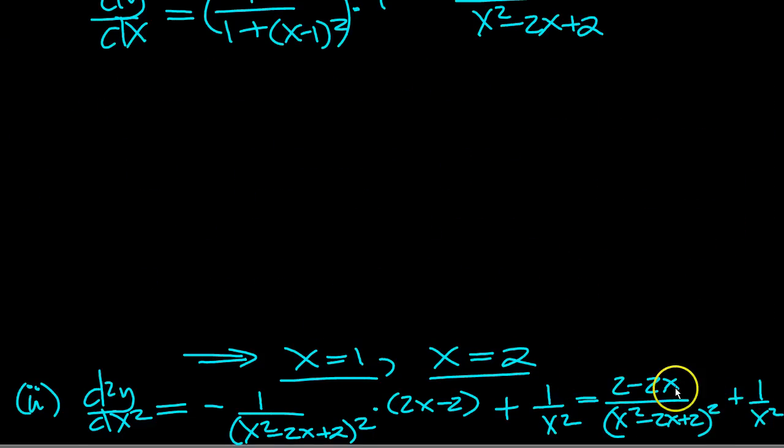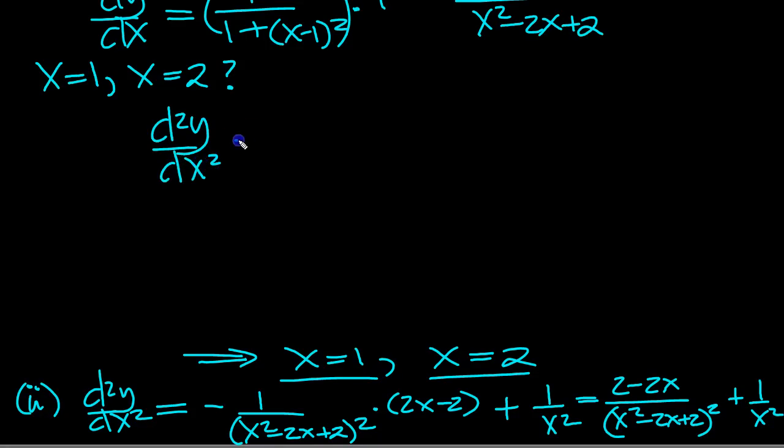Okay, so we got that, and x equals 1, x equals 2. d2y by dx squared then is equal to, okay, so here, this is squared, so it's positive. So when x is 1, this will be 0. Plus 1 is positive, so a minimum. When x is 2, this will be negative.